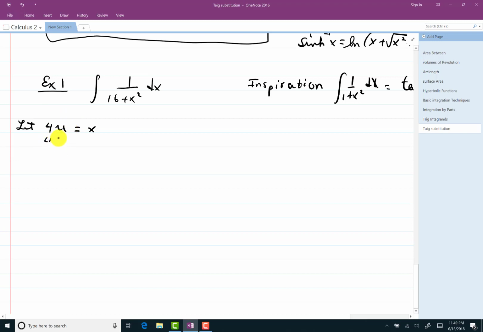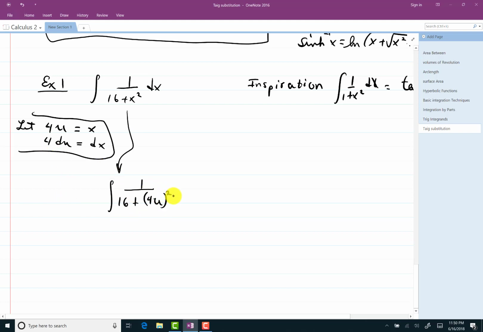So I have dx equals 4 du. And we end up with the integral of 1 over 16 plus, now instead of an x, I'm going to put a 4u in its place, 4u squared. And instead of dx, I'll put 4 du.